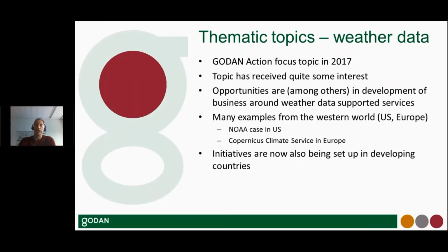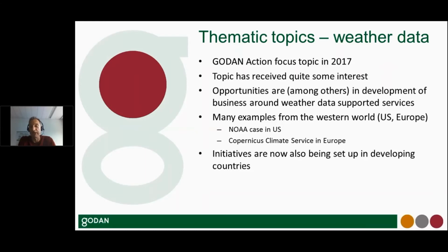So we also see a lot of initiatives now being set up in developing countries. In the Netherlands, we have the Geo for Agriculture and Water initiative, for instance, which focuses on building applications for smallholders, and some of them also include weather data.